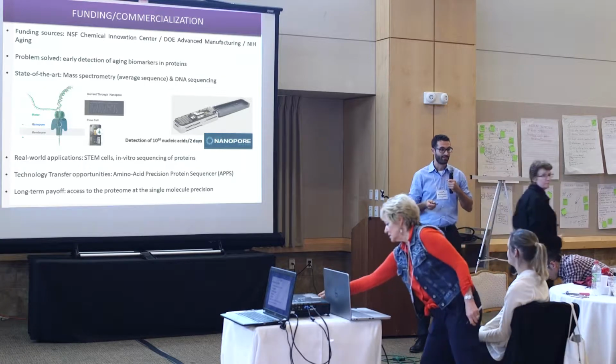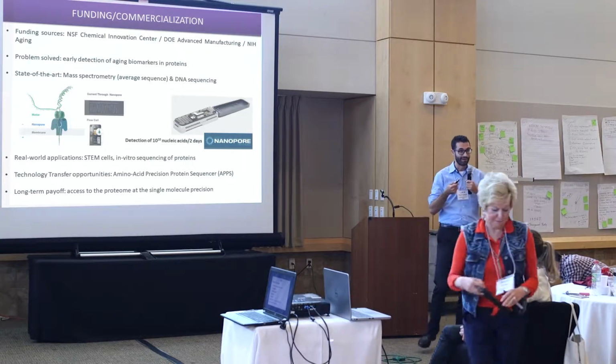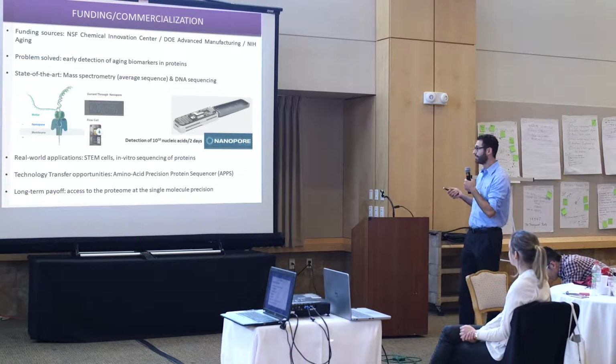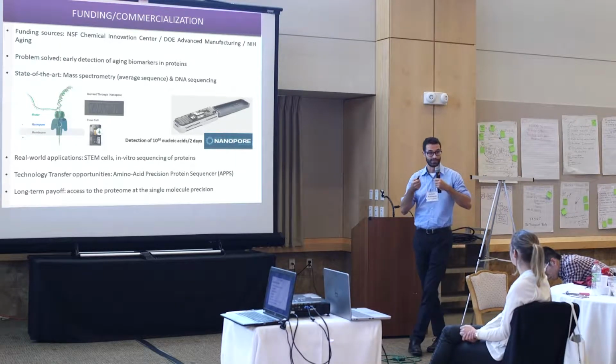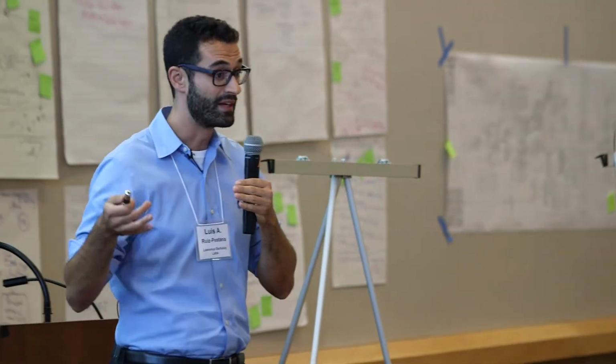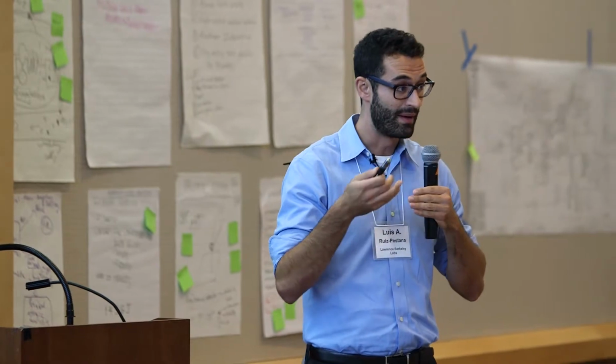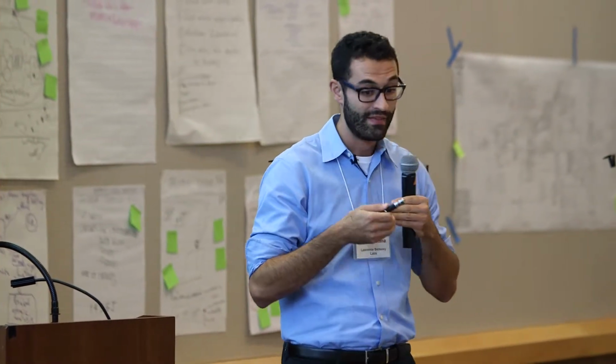So what motivated this project to begin with was these biomarkers of aging. So this could be great if you could detect this misfolded protein. The misfolded protein supposedly comes from a corrupted sequence, right? So if you could detect traces of these proteins early on, you would have a very advanced, very precise diagnosis method.